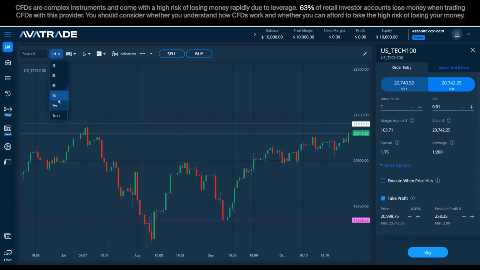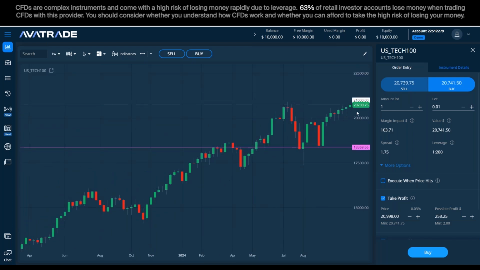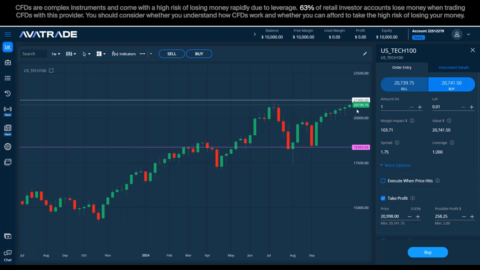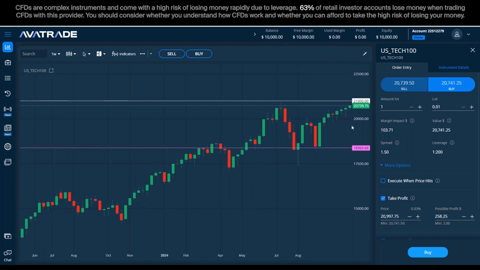Now, if I switch to weeks, what I can simply do is look at the weekly candles and say, listen, these are the previous few weeks for Nasdaq, and I believe that it can potentially get to 21,000, but I'm not sure if 1 week will be enough time for that.